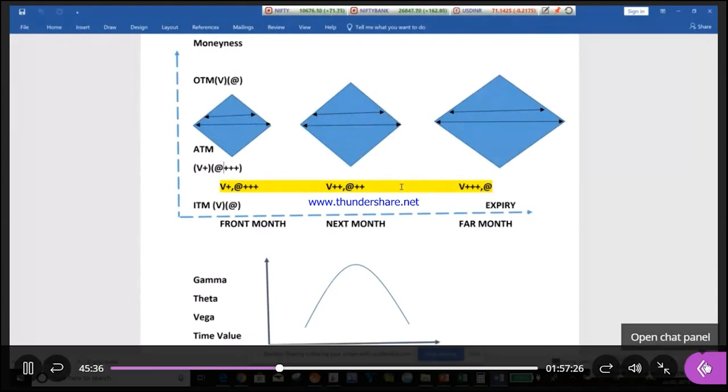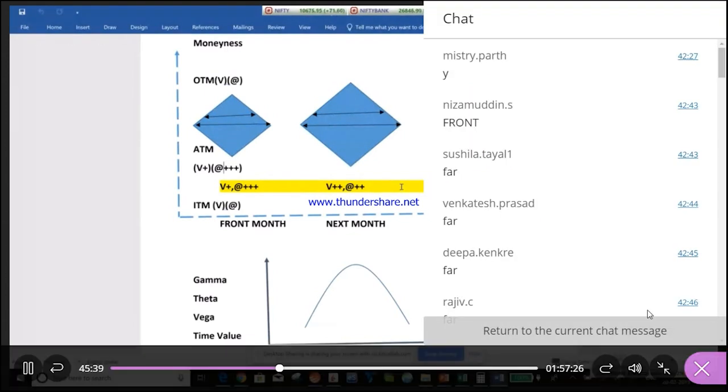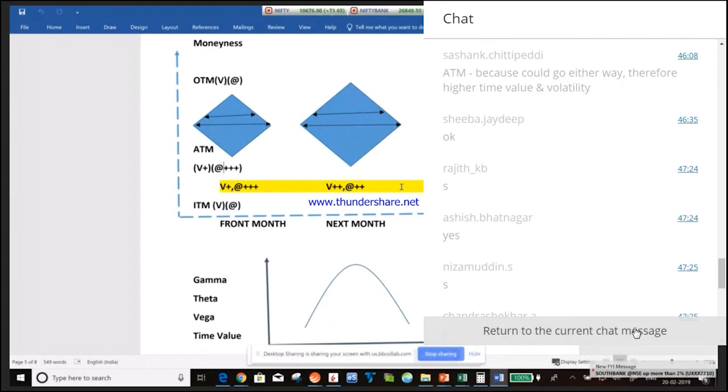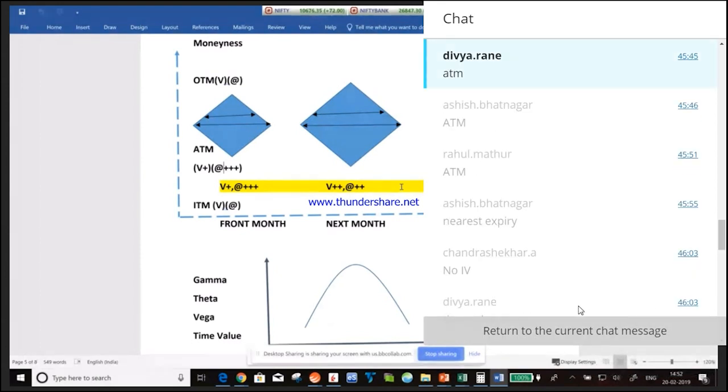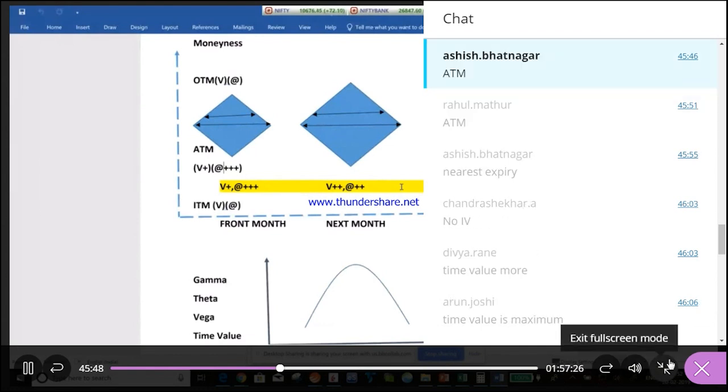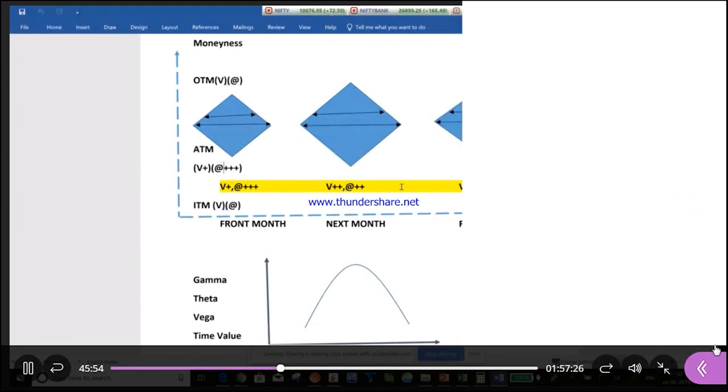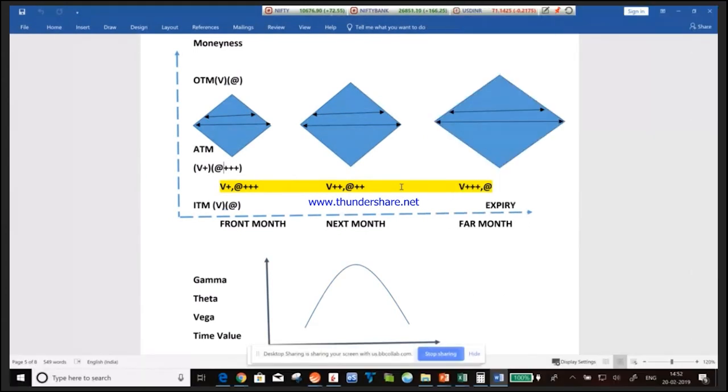Is theta highest at the money, in the money, or out of the money? That is my question. It's at the money. And why is it at the money? Why is theta highest at the money?